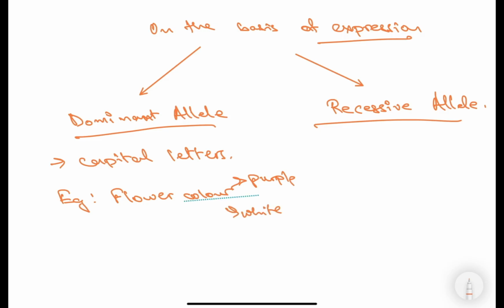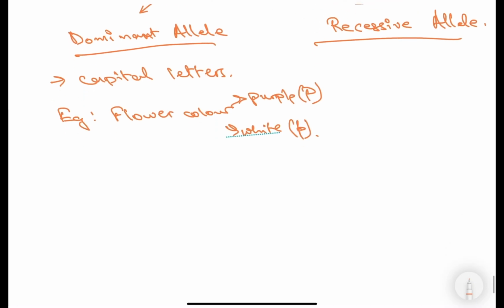So purple is the dominant allele, referred to as capital P, and white is referred to as small p.